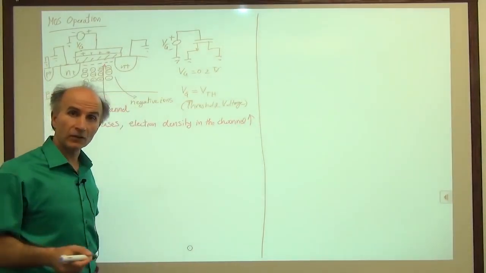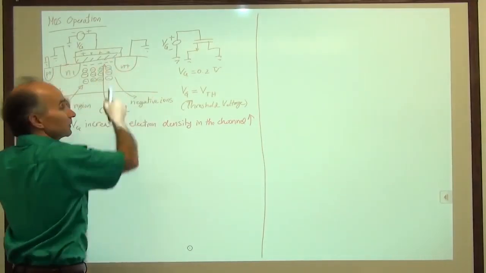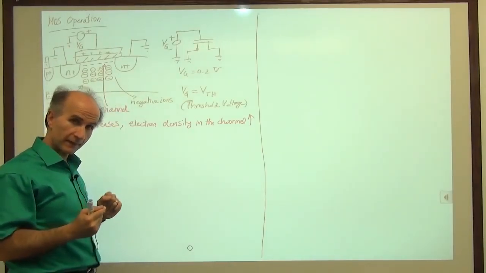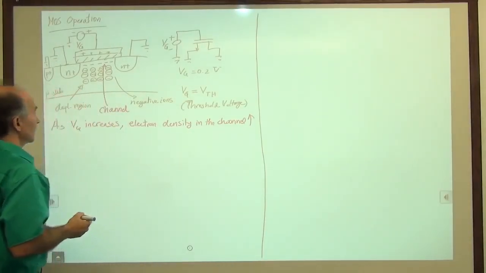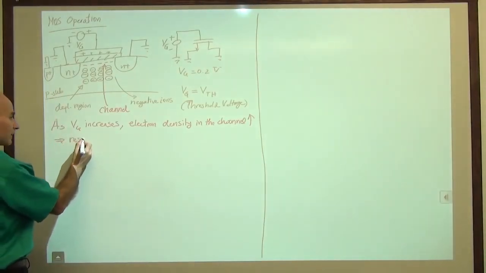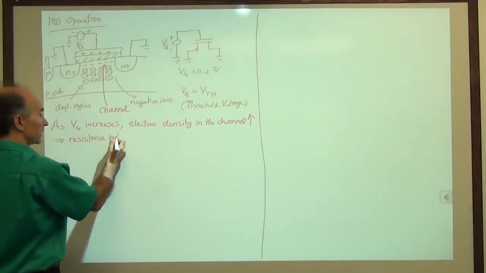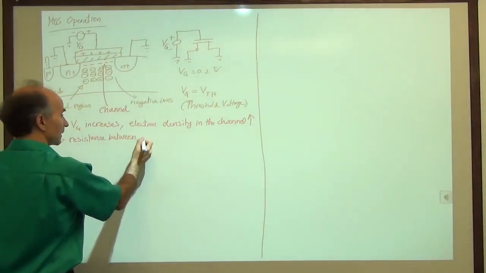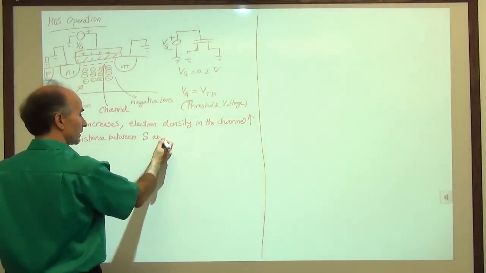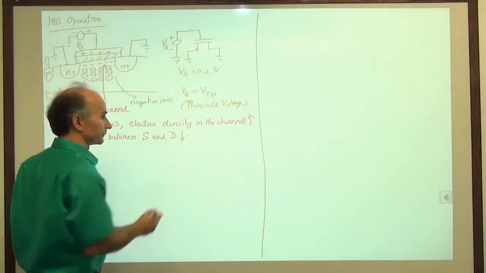If the electron density increases, it is like we have a smaller resistance between these two. The channel is a better conductor, so we have less resistance. It means that the resistance between the source, which we denote by S, and the drain, which we denote by D, goes down.